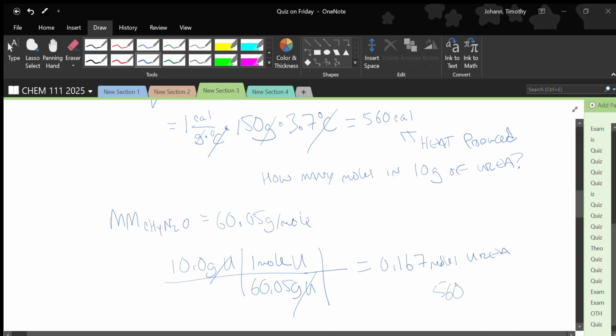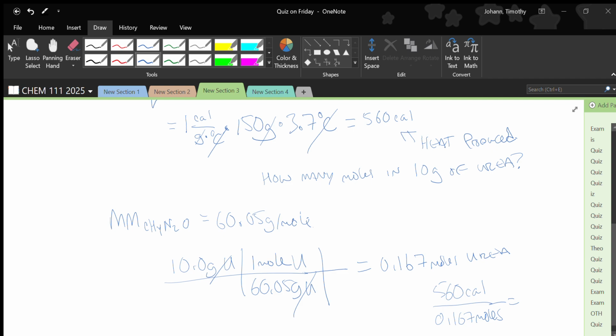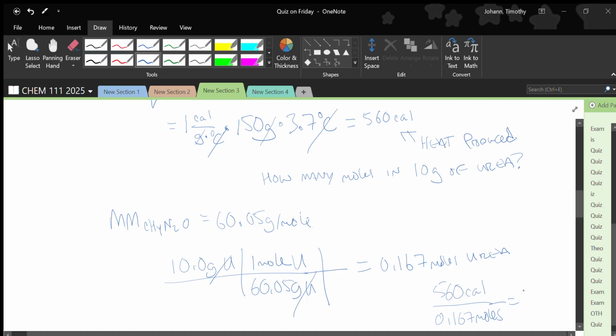So 560 calories divided by 0.167 moles is going to give me the units I want, right? Calories per mole. And that's going to be 560 divided by 0.167. And I've got, oh my gosh, a big number. Okay, but that makes sense. 3350, because my 560 is only 2 significant figures.